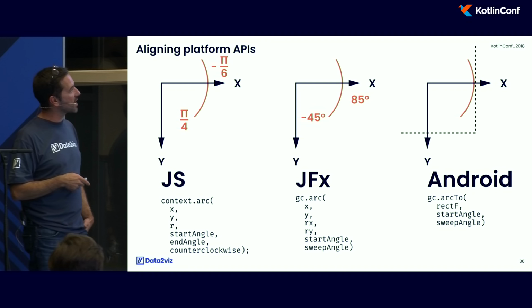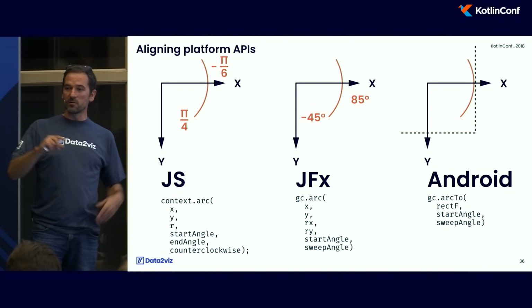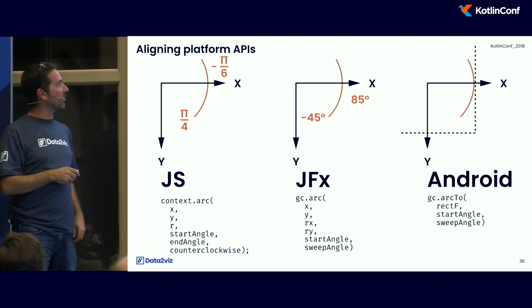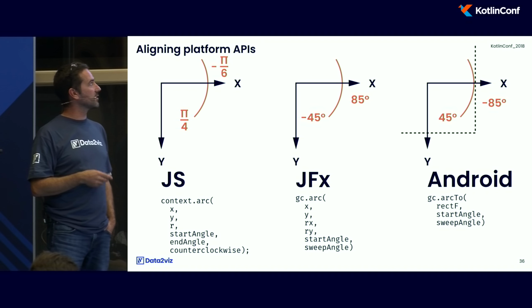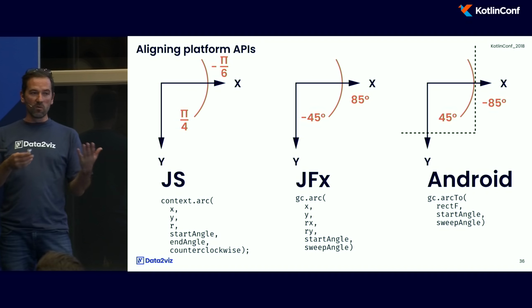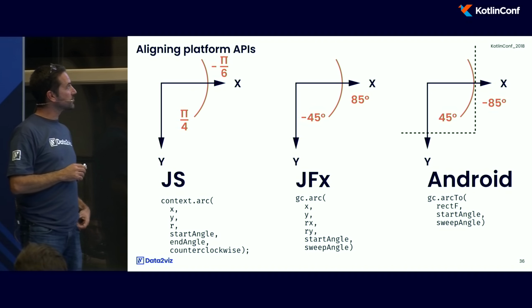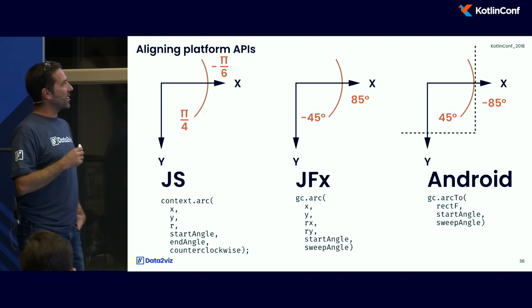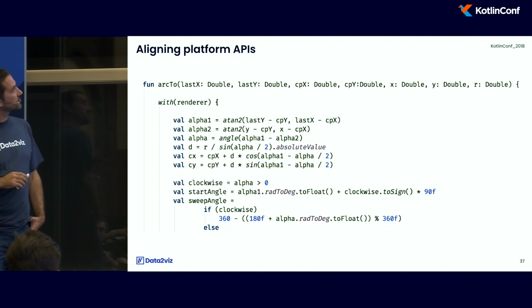You use arcTo, and now you use a rectangle, the rectangle that is the bound of the arc, and you also have a start angle and a sweep angle. So you have to do all the mix of these APIs to be sure to have exactly the same result. It's not very complicated, but sometimes it gets you a little bit mad.